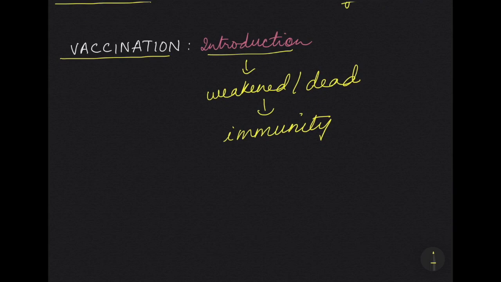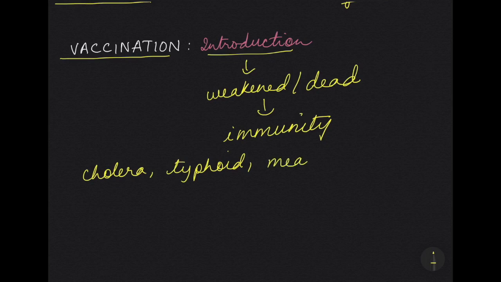Now vaccines are available for different types of diseases such as cholera, typhoid, measles, chickenpox, and so on. All of you have been vaccinated when you were small. And so what happens when you get vaccinated?